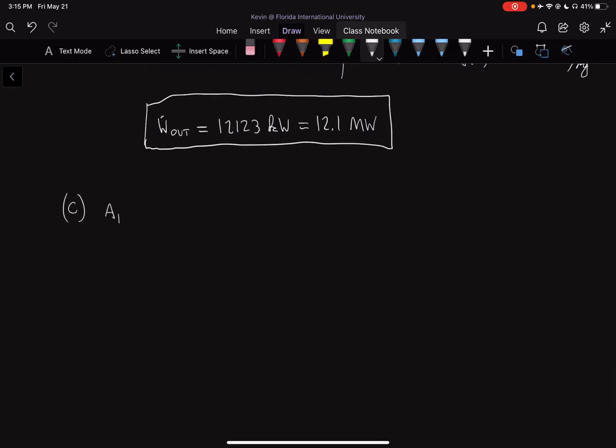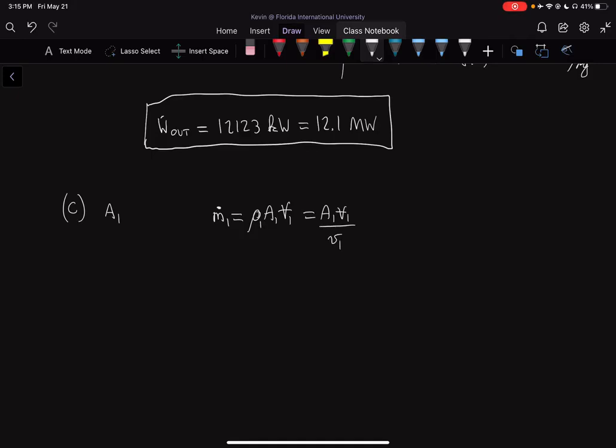Okay, and we know a few of our equations. We know that mass flow rate is equal to density times area times velocity. And so we can write this for point 1, so density 1, A1, and V1. And this is also equal to A1 times velocity 1 over specific volume 1.